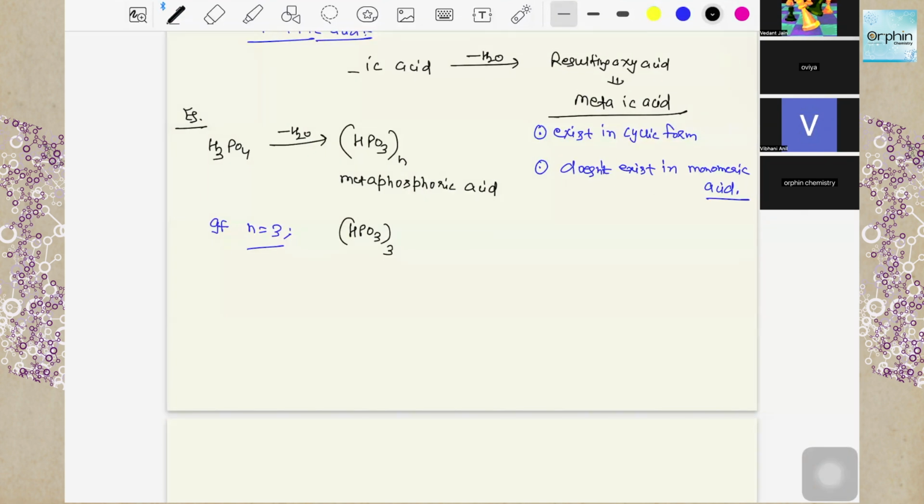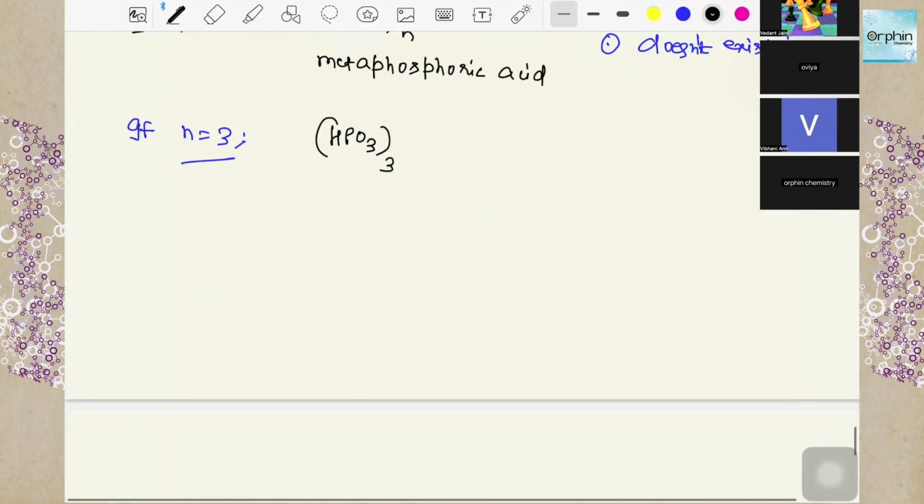What is the oxidation state of phosphorus here? We cannot find it directly, so write it complete: it will become H3P3O9. Then you find 15 plus... it comes as plus 5, which is equal to the maximum, since phosphorus has 5 valence electrons.